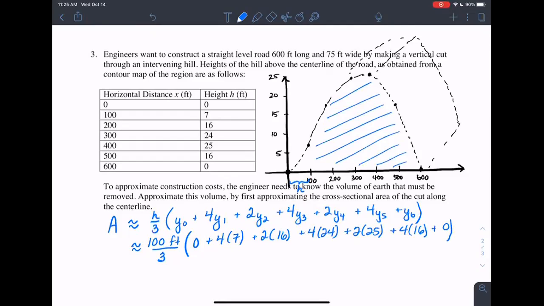Notice that all of these measurements, I didn't write them in, are in feet. So when I add up all that stuff inside the parentheses, I'm getting feet. I'm multiplying by feet, so my answer is going to be a certain number of square feet. And this I could do on a deserted island without a calculator. I'm probably going to use one here anyway, but I could do this without a calculator.